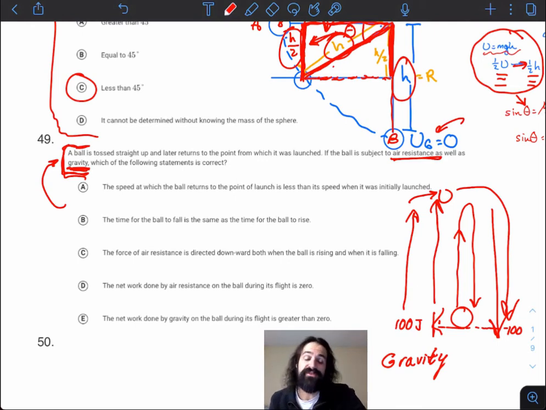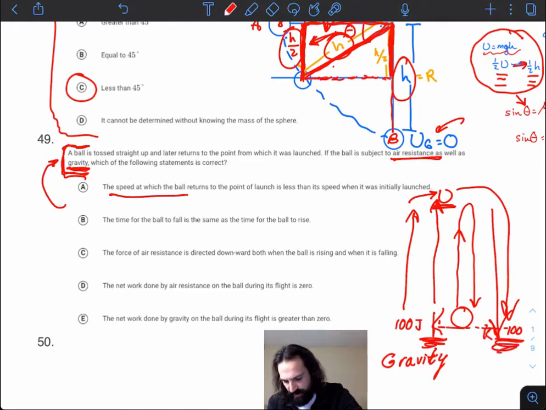So if there's no other outside forces, it should remain 100 joules the entire duration. However, it's still kinetic at the bottom, potential at the top, and kinetic at the bottom, right? We'll call this A, B, and C as we go.